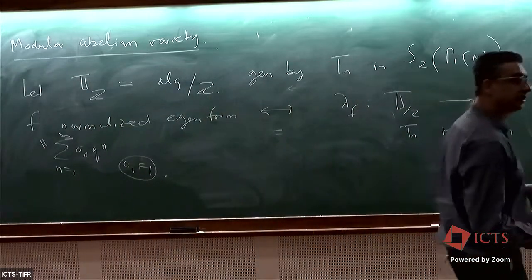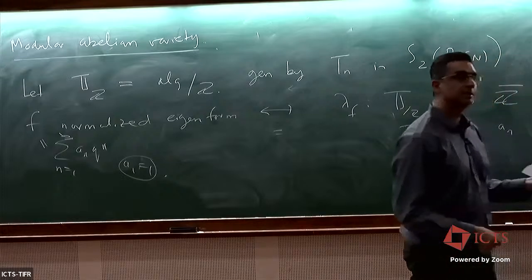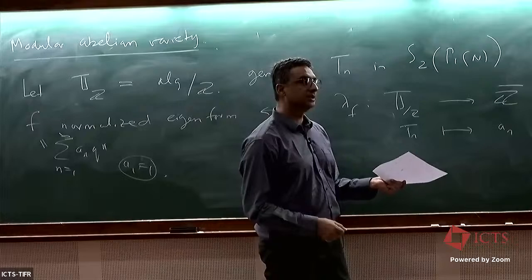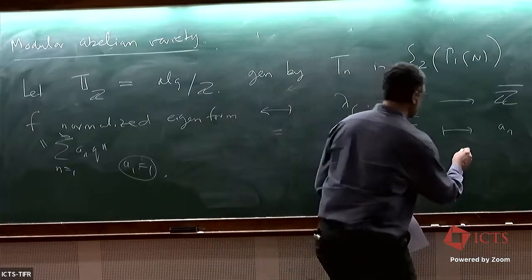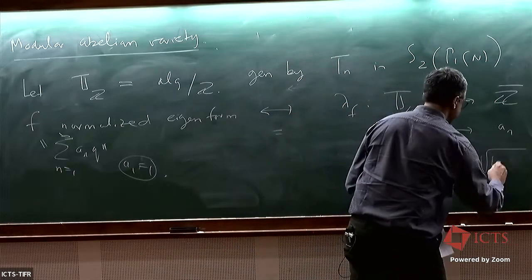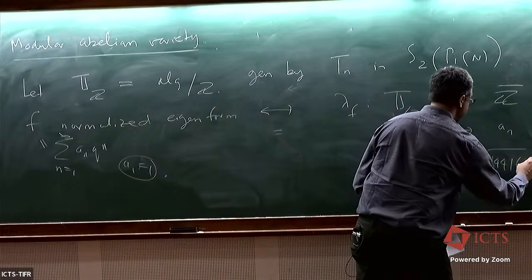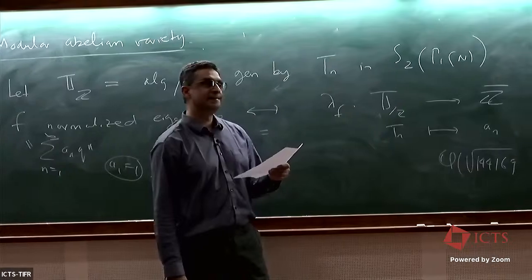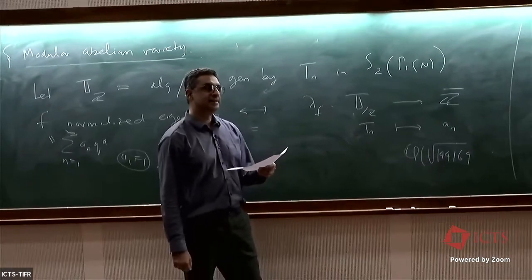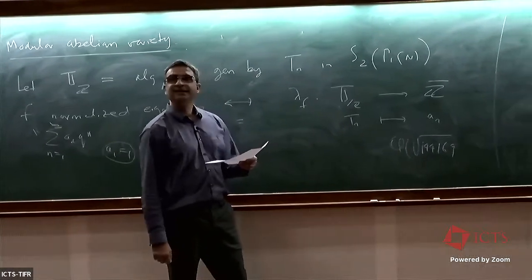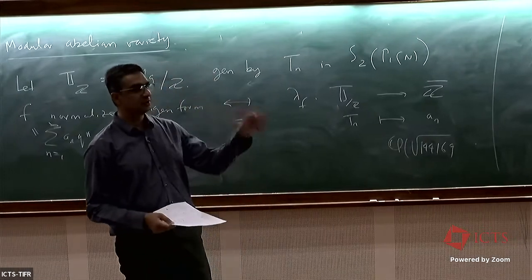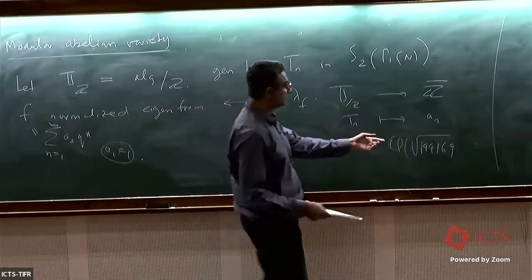Those number fields are very interesting, but we're not talking about them at all in this course. So if I was to give a course parallel to Jan's, I would start talking about, for example, Q root 144169. You know what that is? It's the image of, so what happens is if you take the delta function and look at the image of this, all the Fourier coefficients lie in Z, right?